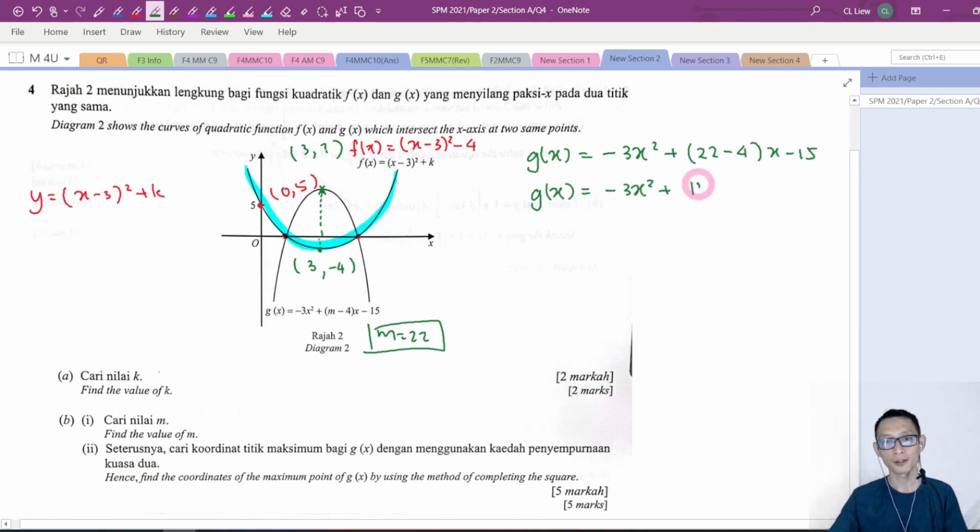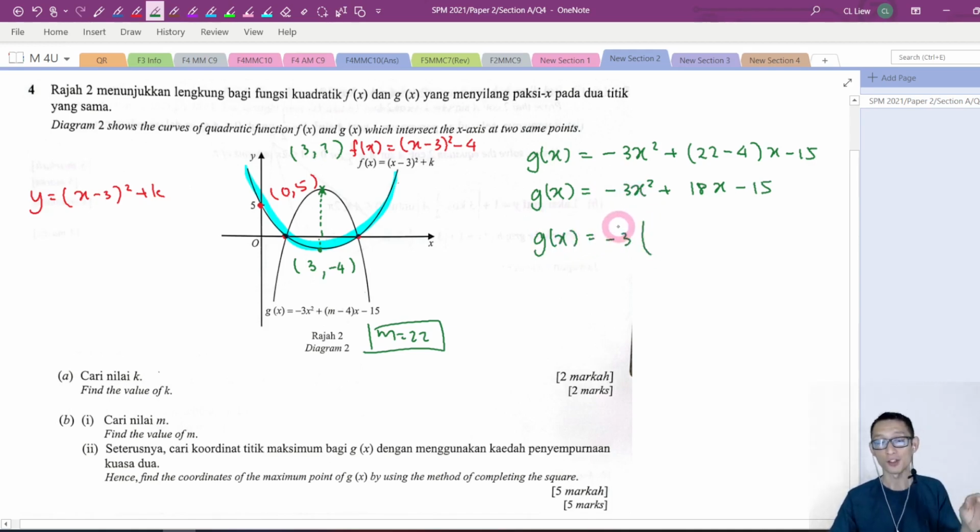This is 18. So 18x minus 15. Right? Okay, how do we do the completing the square? I hope that you still remember. First step, we need to make sure that the coefficient of x squared is positive 1. Here it is negative 3. What I'm going to do is bring out the negative 3.